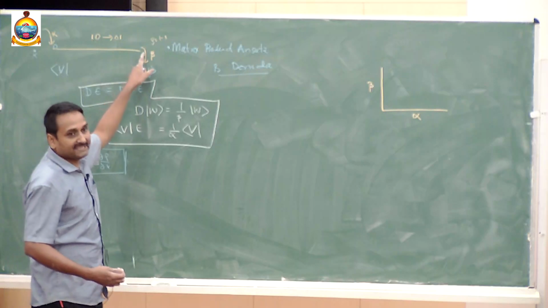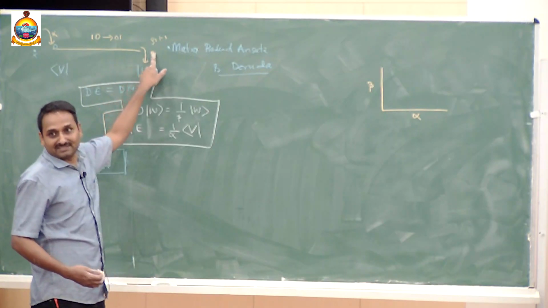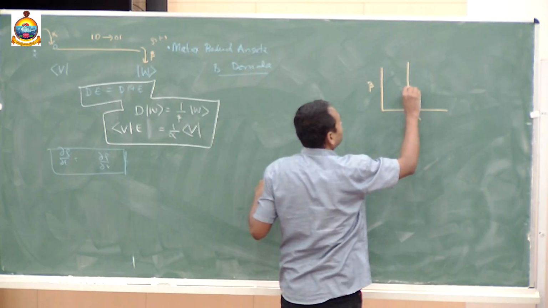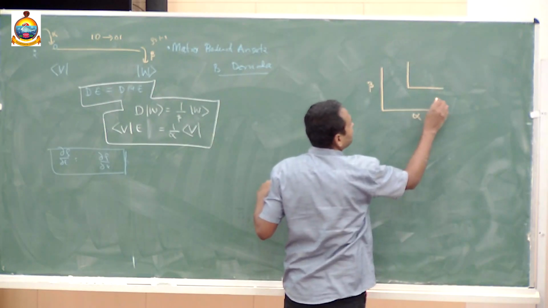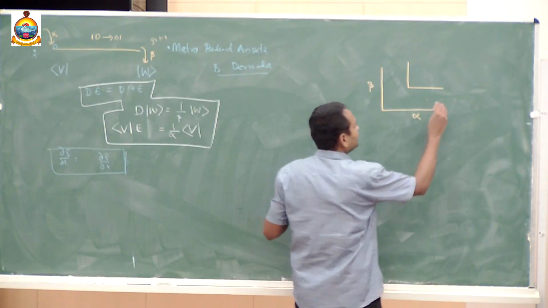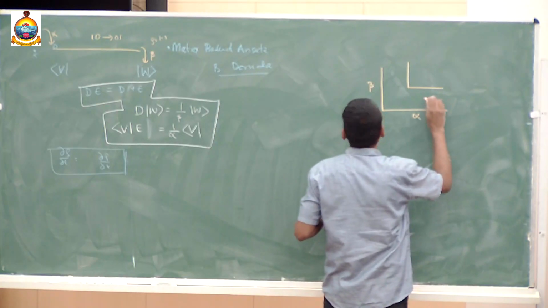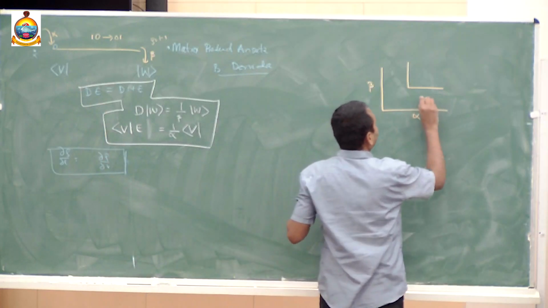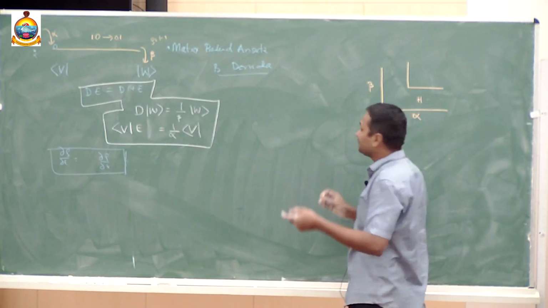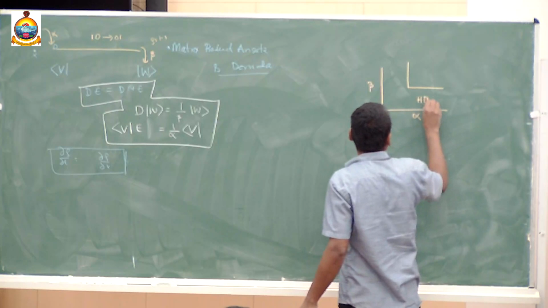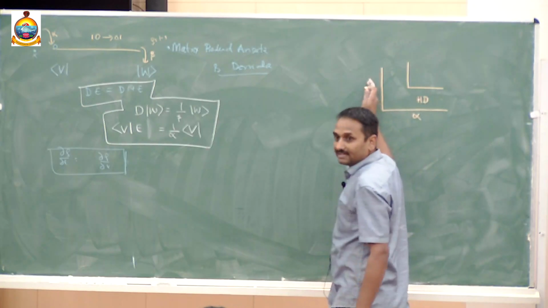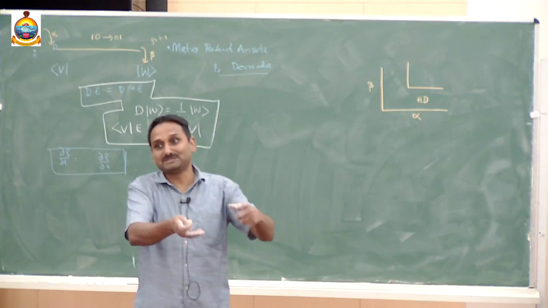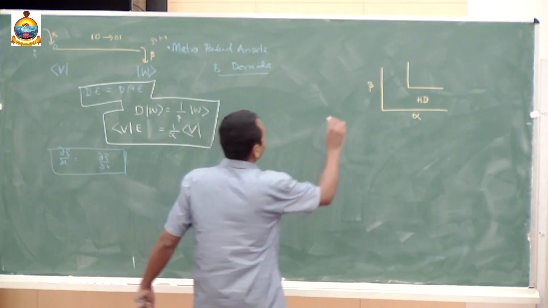If beta is very large, it will be dominated by the other boundary. So if alpha is very large, it is dominated by high density, and I call it the high density phase. If beta is very high, the density at that end is very high, meaning particle density is low, so this is low density.